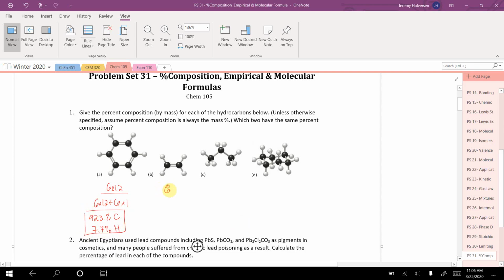This one is 2 carbons divided by 2 carbons and 4 hydrogens, which gives me 85.7% carbon, which leaves me with 14.3% hydrogen.